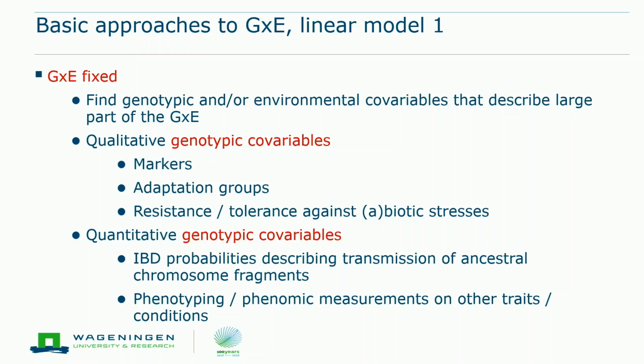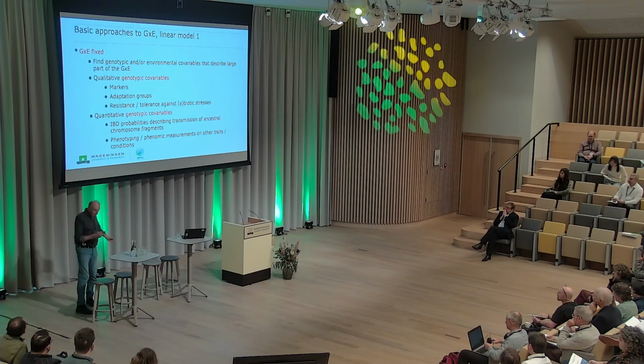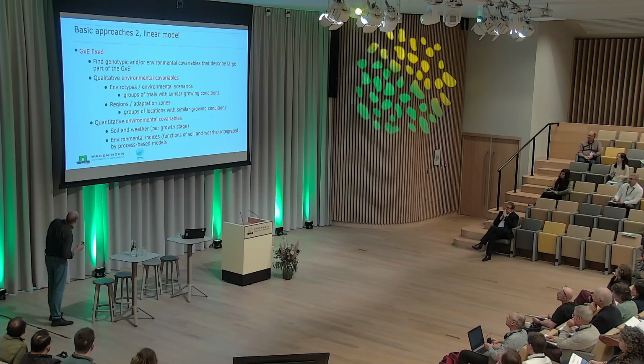These different ways of characterizing the genotype can be qualitative and quantitative, but in essence, it is nothing else than inserting information on the genotypes in your analysis of variance model.